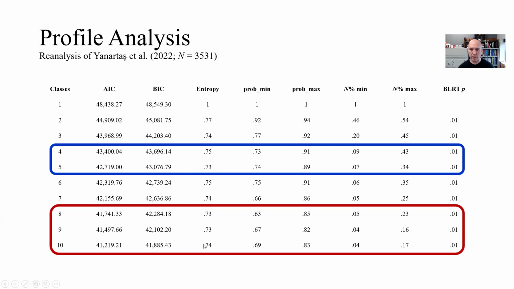And entropy goes up from 9 to 10, so really 10 would be better than 9. 8 and 9 are really equally good to each other. Again, 4 or 5 is probably better here, but if we want to force it and look at 9, 10 would be better than 9. So it's hard to say that there are 9 Enneagram types from this data set.